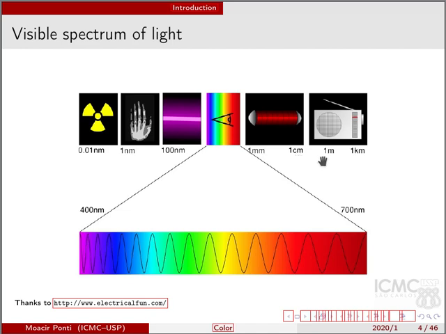Larger waves can be associated with objects that we often use in our daily lives to communicate. So radio waves and television waves can reach, for example, 1 kilometer.